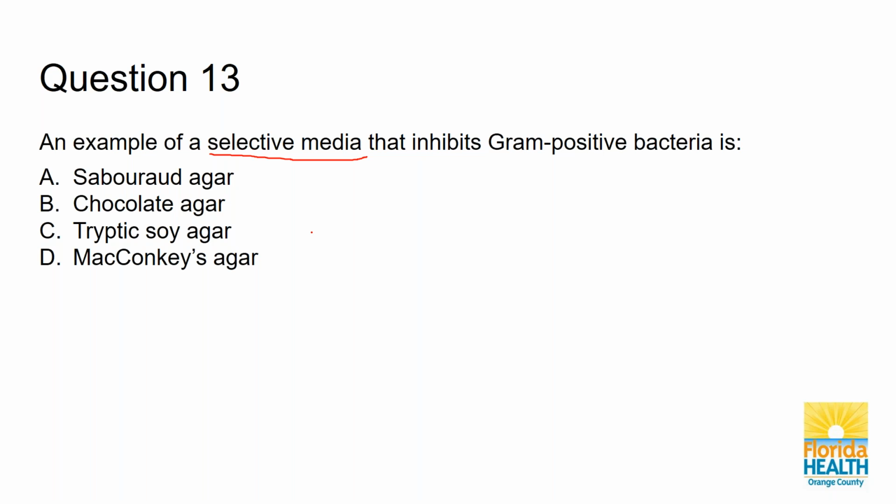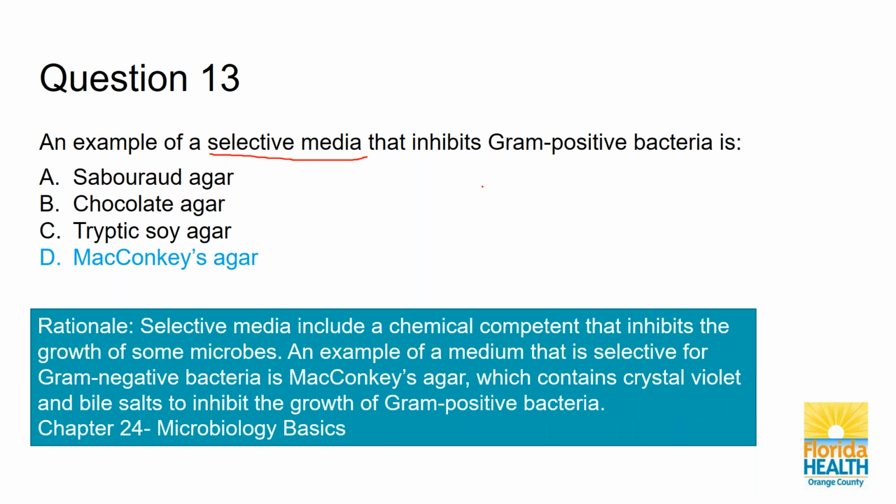Which one do you know you use when you're trying to get down to the bottom of a gram-negative bacteria? Which one would you use in the lab? And we don't have all day. So the correct answer is MacConkey's agar. We have 2 more questions, so let's do our other 2 questions.